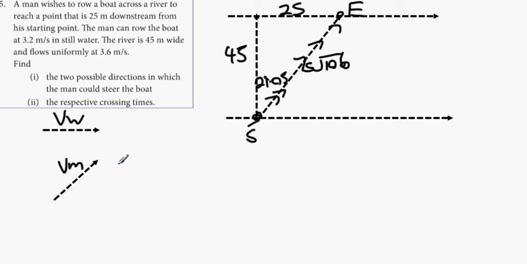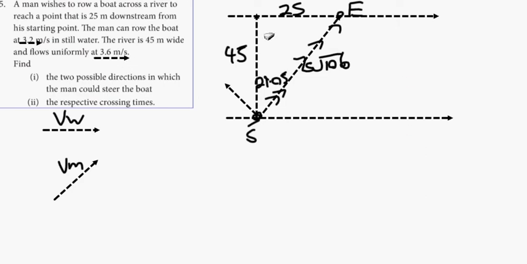Then we might want to aim in this direction here and let the current take us backwards, because we know that the current is faster than the man. The man can row 3.2, but the current is 3.6.